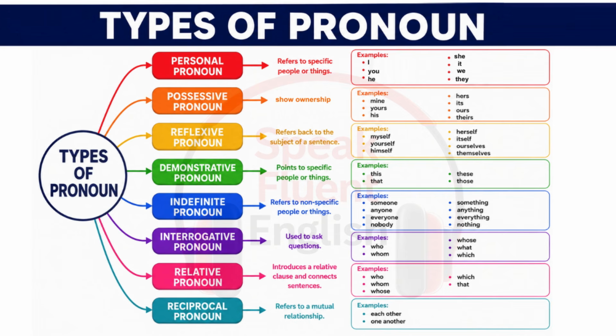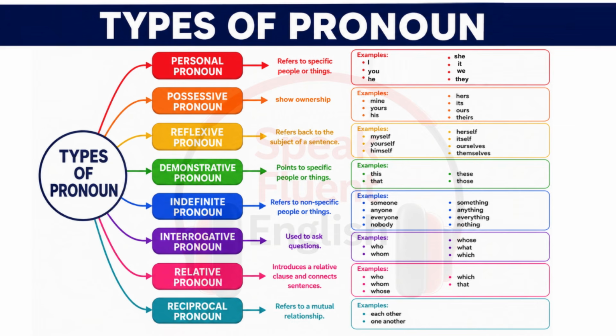In this lesson, we will learn 8 main types of pronouns: personal pronoun, possessive pronoun, reflexive pronoun, demonstrative pronoun, indefinite pronoun, interrogative pronoun, relative pronoun, reciprocal pronoun. Let's begin with a clear and simple understanding of each one.